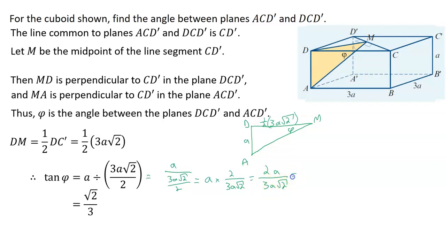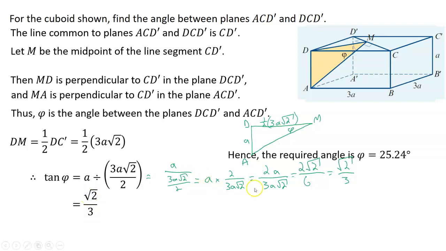My A's cancel. I multiply by root 2 over root 2. So that gives me 2 root 2 over 6, which simplifies to root 2 over 3.